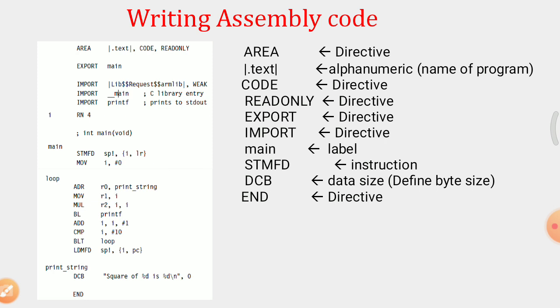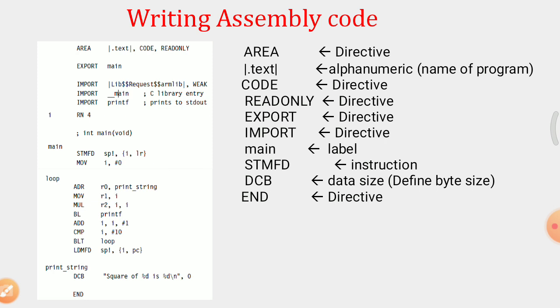Next, in the third place in the first line, we have mentioned CODE. CODE is also a directive which denotes either the code section or the data section. Here we are writing code, so we have mentioned it as code.